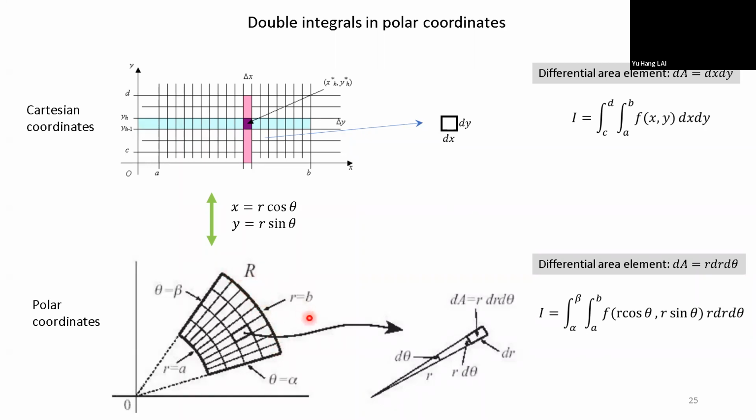Now let's take care of the other variable, theta. If I am at a fixed value of theta, if I tell you that I'm at theta equals alpha, then that means I'm on this line where the angle between this line and the x-axis is alpha.